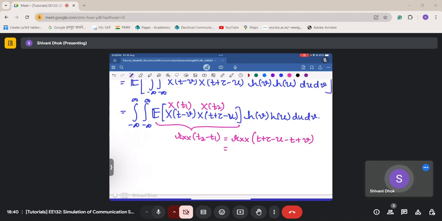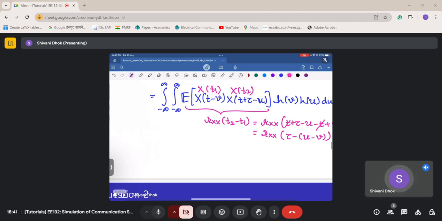So this comes out to be Rxx(tau minus u plus v). The t cancels out, we have tau coming here, then minus u plus v. Let's take the minus sign outside, so we will have u minus v inside the bracket. So this is what we are having right now. Let us substitute it here.